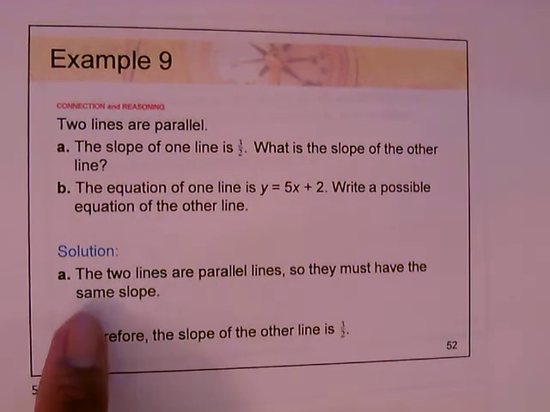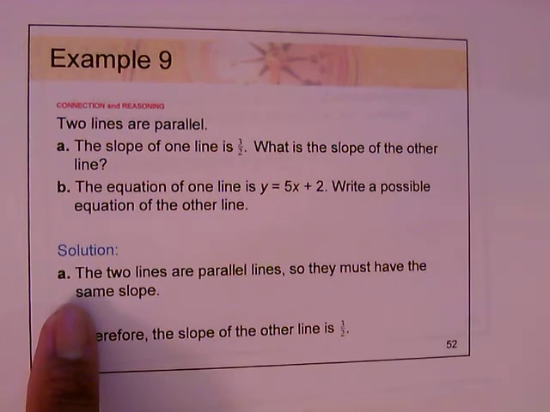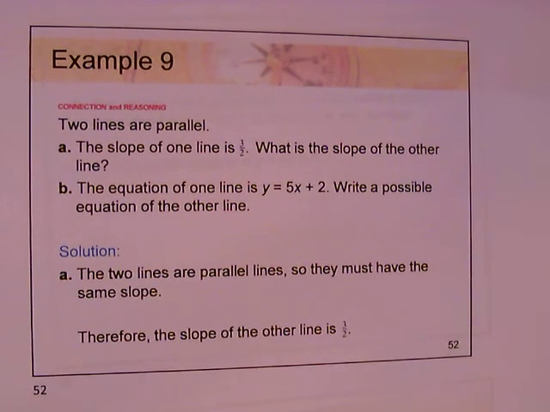Let's answer part A. The slope of one line is 3/2. What is the slope of the other line? Well, two lines are parallel, which means they don't intersect each other. And if you have two lines that are parallel, that means they have the same slope. So the slope of the other line has to be 3/2.